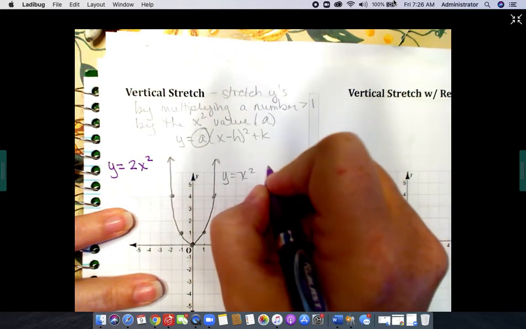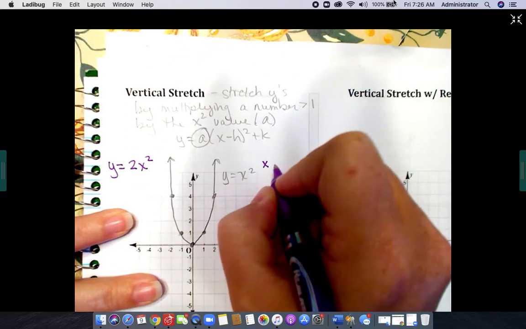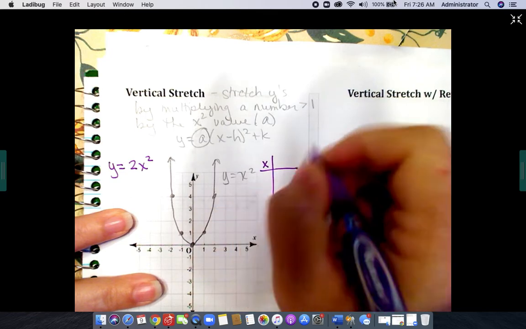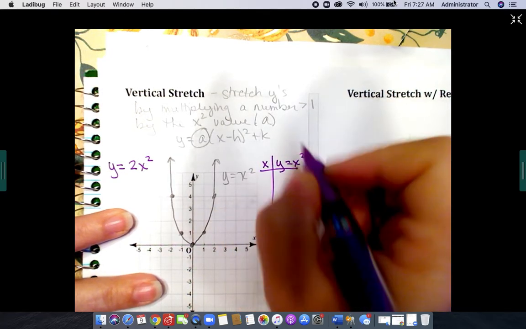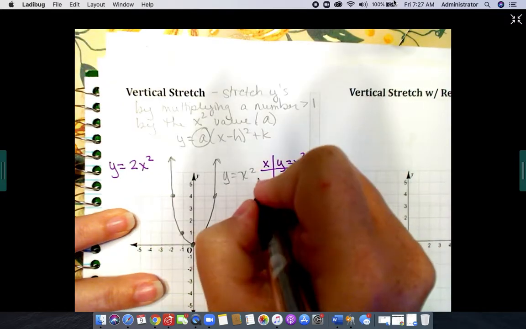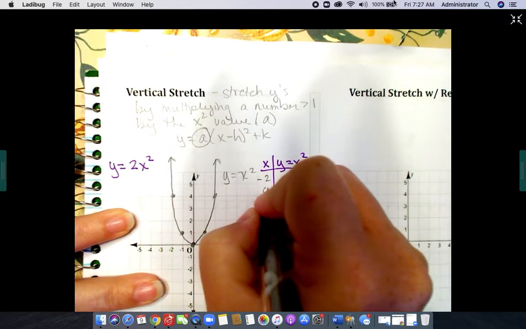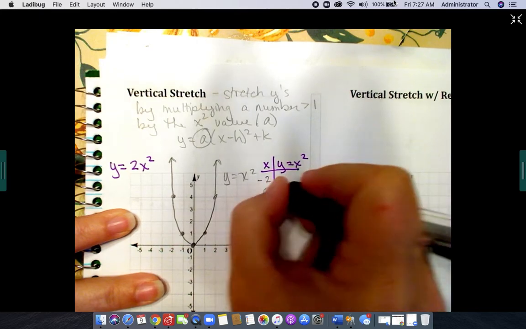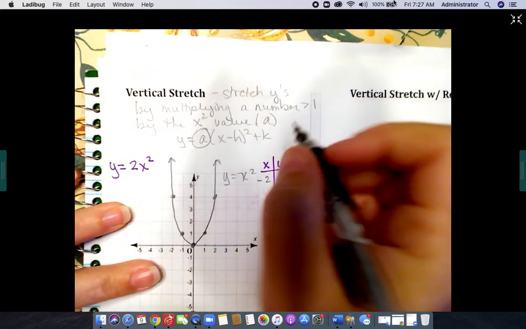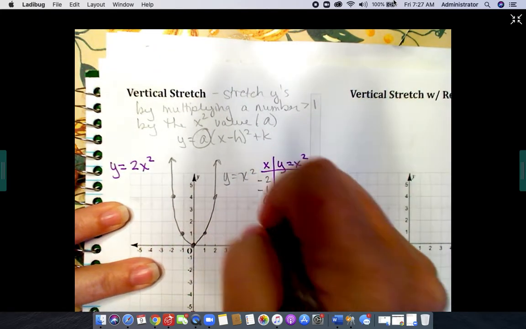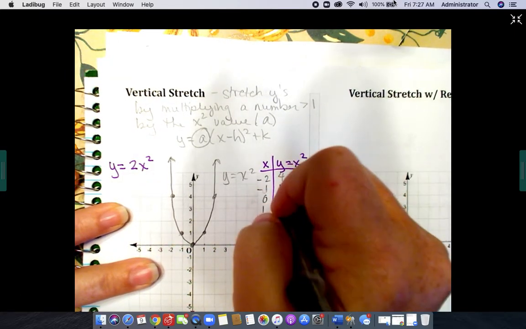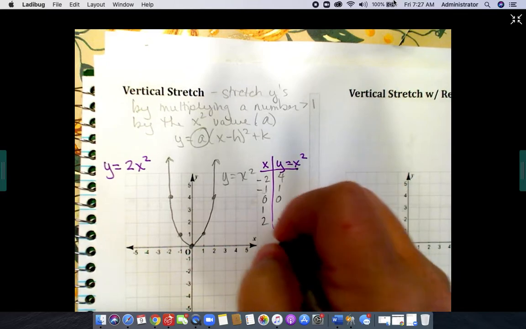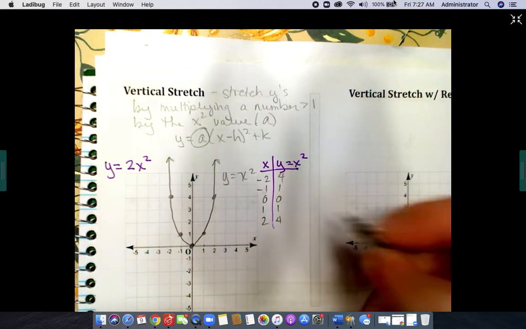Well, if you consider the table of y equals x squared, for the x values negative 2, negative 1, 0, 1, and 2, when we square those, we get 4, 1, 0, 1, and 4.